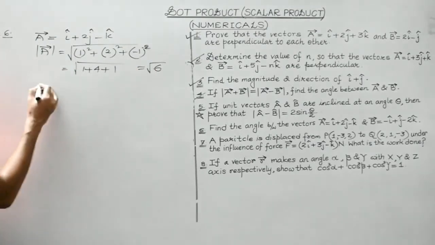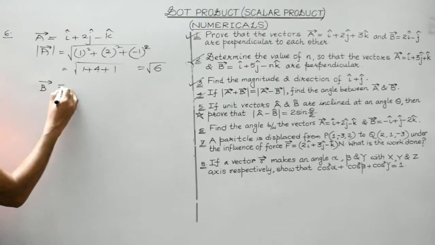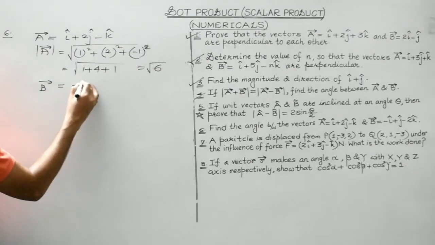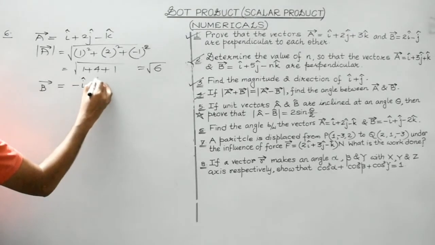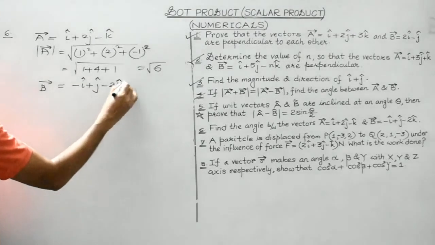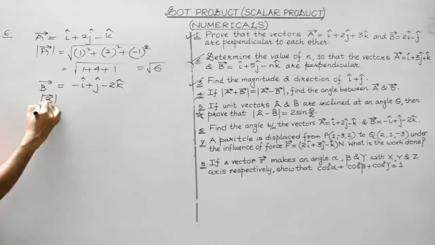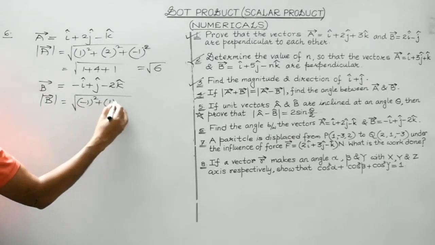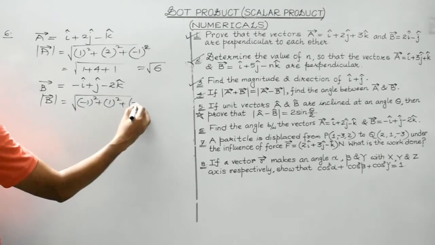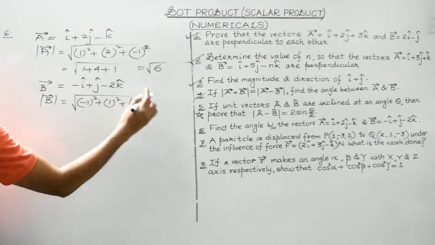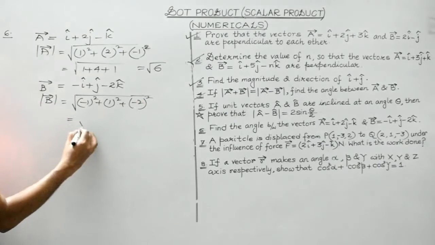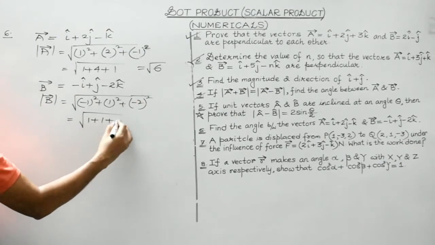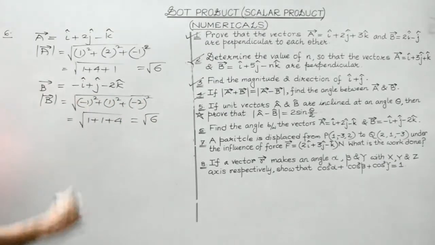Right? Similarly, b vector, it's given to be minus i cap plus j cap minus 2k cap. So what about its magnitude then? It will be square root of minus 1 square plus 1 square plus coefficient of k is minus 2 squared. So what we get is again 1 plus 1 plus 4, that is root 6.